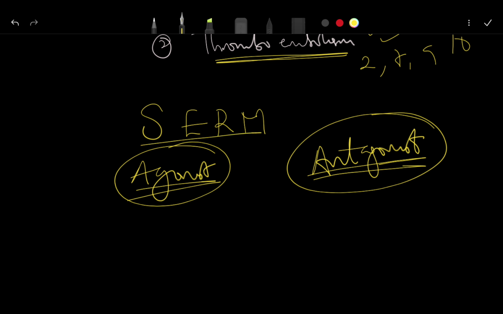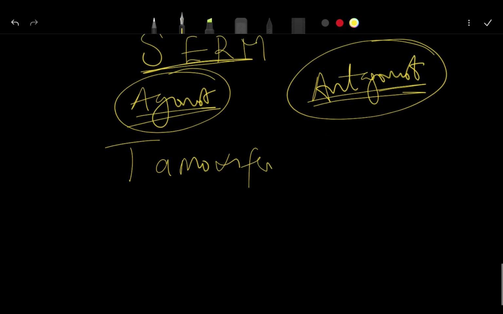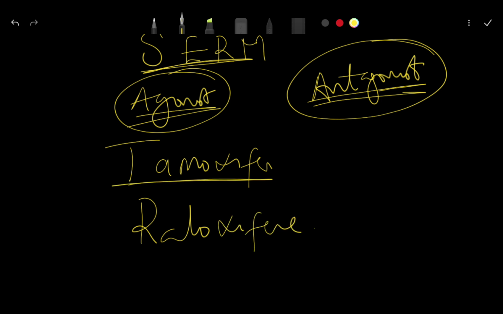So those are the main things there. And I said there are two types of SERM. We have tamoxifen and raloxifene. Okay, I said tamoxifen is used as a drug of choice in ER-positive breast CA.